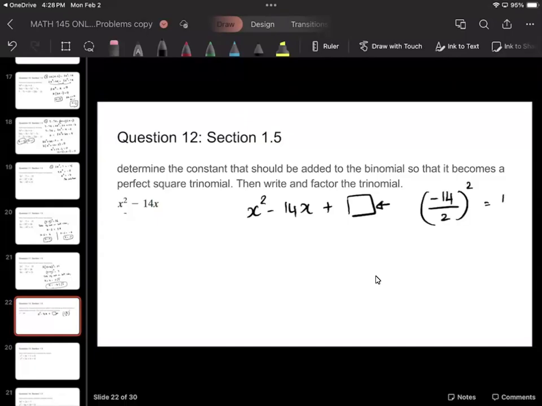So that is 49, right? So what I need to add here is 49. When I do that, what happens? If you factor this, the two factors will be x minus 7 times x minus 7, or in other words, this is a perfect square trinomial, x minus 7 the whole squared.